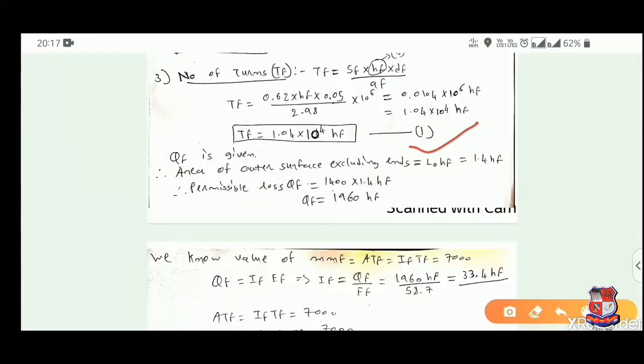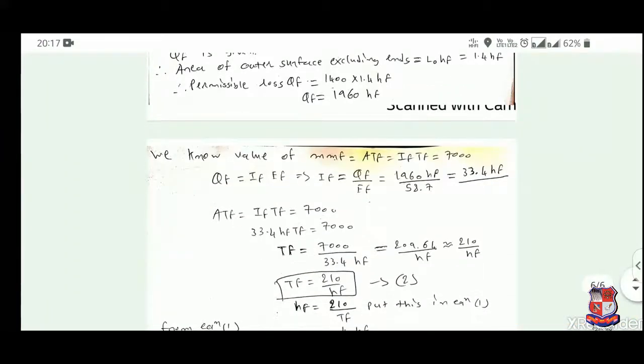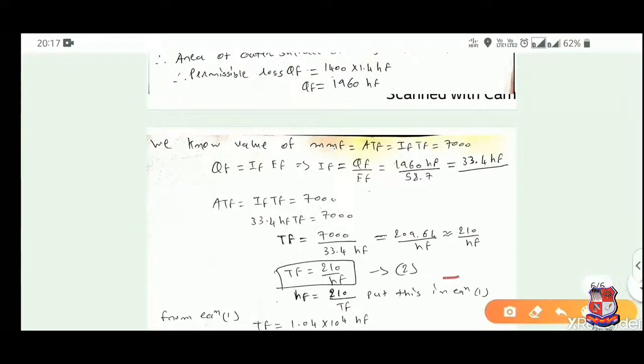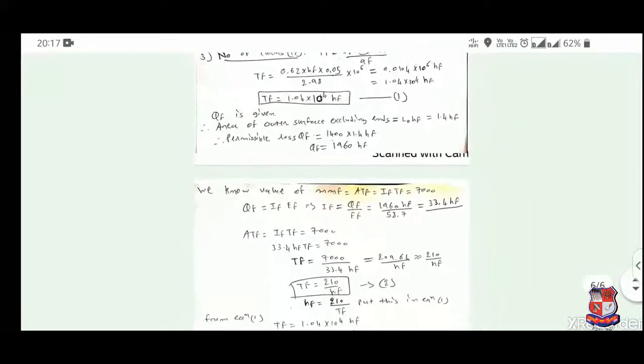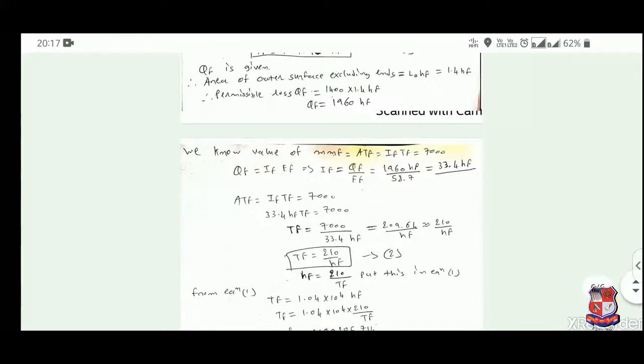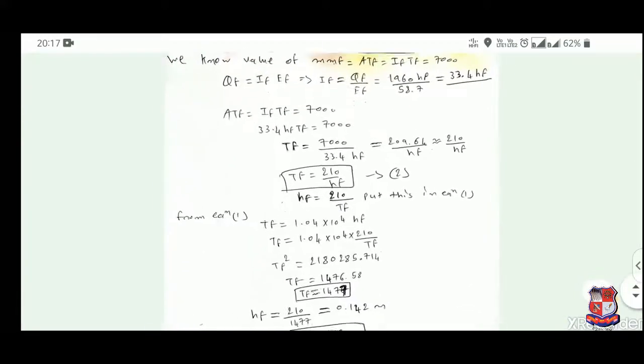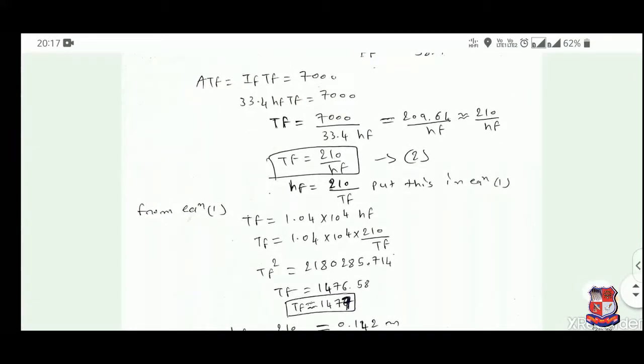Now we don't know the value of HF, so we need to generate a relation so that we can compare it with equation number 1. So now we are comparing equation 1 with equation 2.